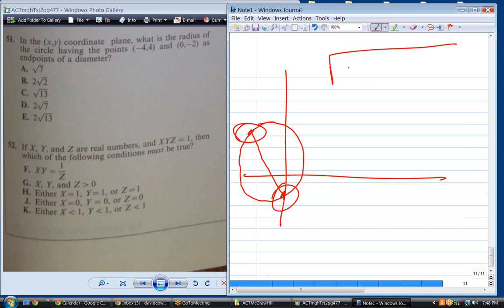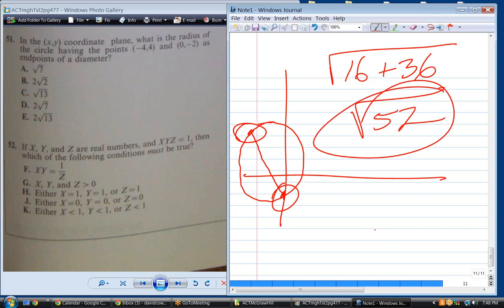So what's the difference in the x's squared? X's squared would be 16. And the difference in the y squareds? That's 36.